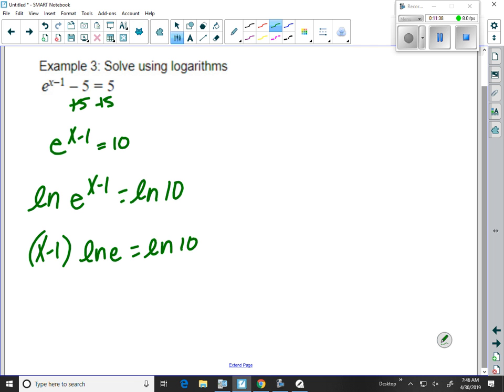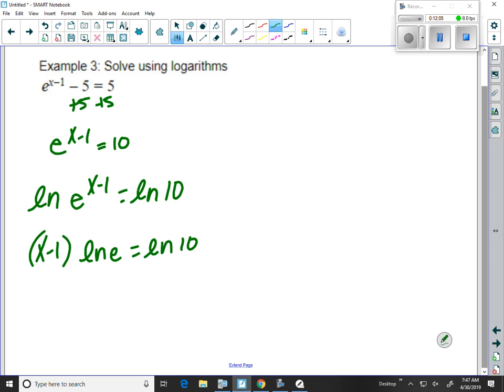Look at your rules at the very top. There's a new rule that we can apply. See if you can find what it is. You haven't used it yet. It's going to happen on the left-hand side. Anybody locate what we can do with the natural log of e?